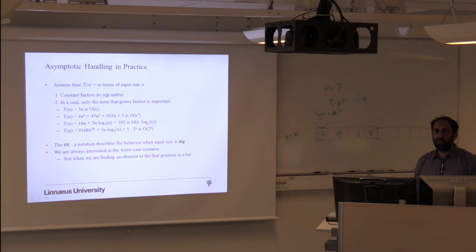Okay. And as we told you before, in the asymptotic analysis we are specifically interested in big input sizes, when the input size is big. And when you are estimating your time complexity, the constant factors don't matter.